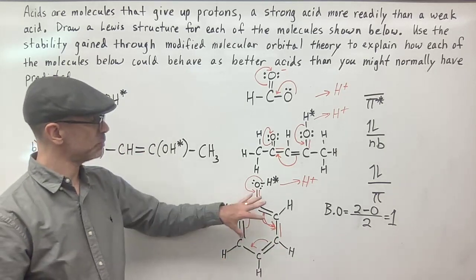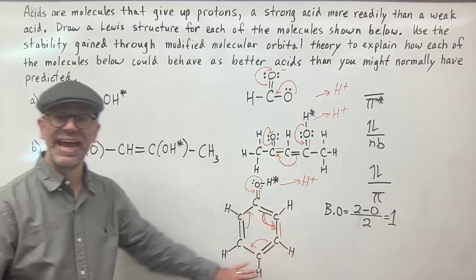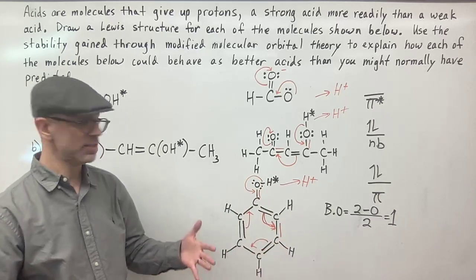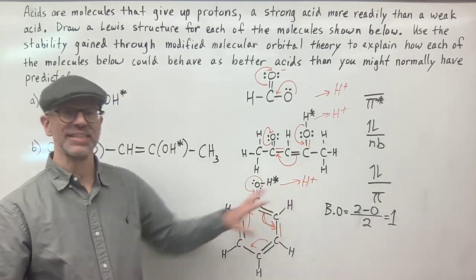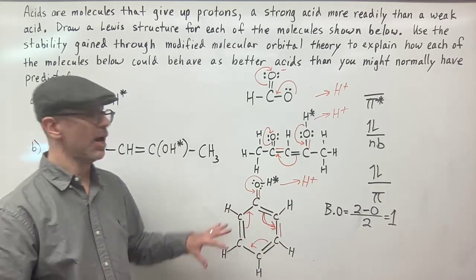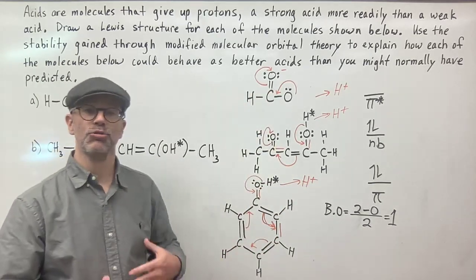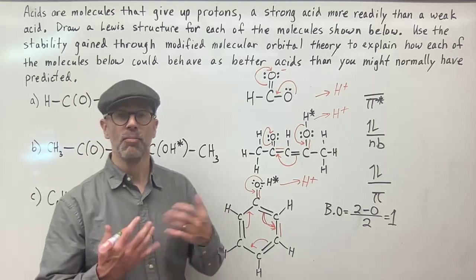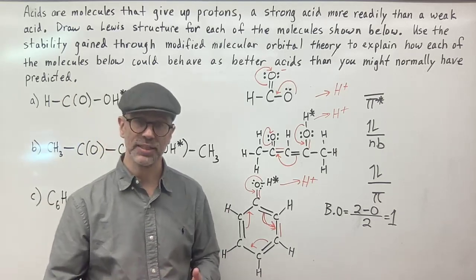And so that explains the stability of the anion that's left over once the hydrogen leaves, and it's that stability of the anion that allows for the molecules to give off that hydrogen more easily than you would have expected.